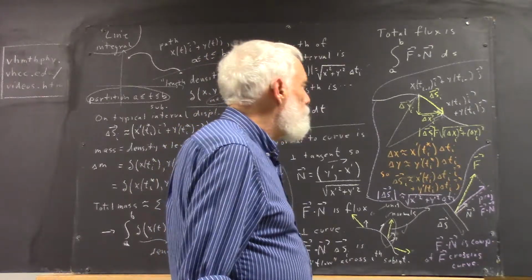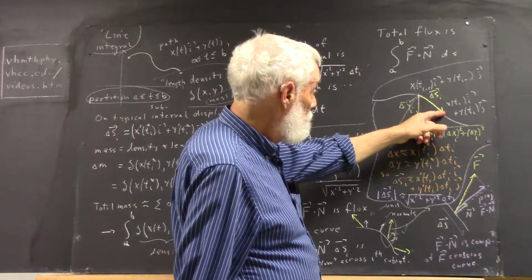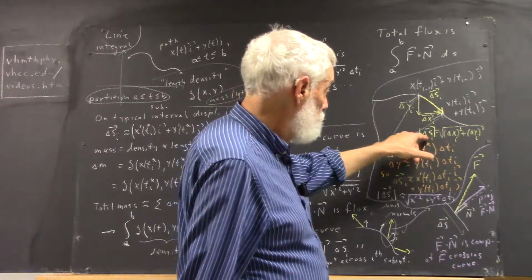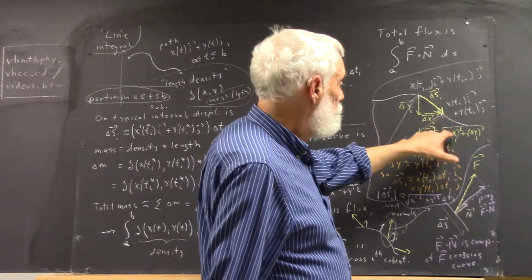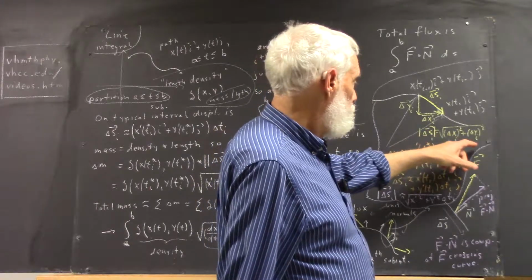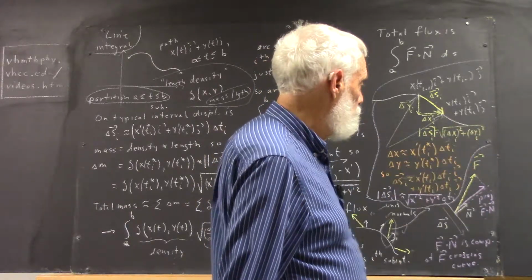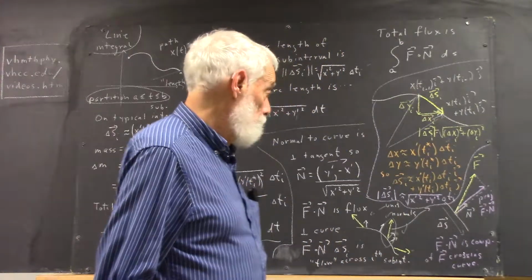Now, the magnitude of delta s sub i is just going to be the hypotenuse of this triangle, so it's going to be the square root of the magnitude of your delta x sub i squared plus the magnitude of your delta y sub i squared. That should be pretty clear.